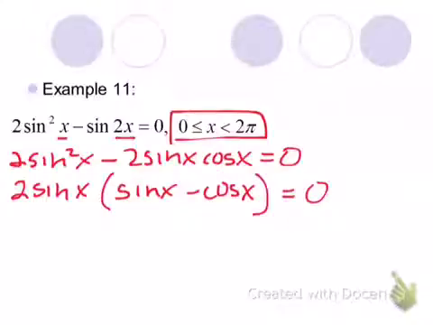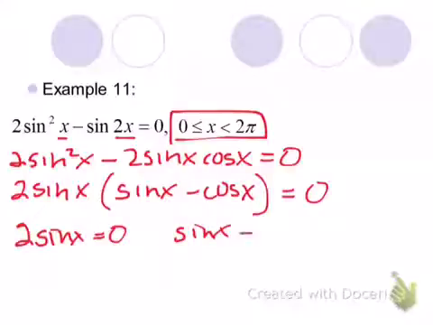All right, so we have 2 sine x equals 0, or sine x minus cosine x equals 0. This second little equation is going to be a little more challenging.